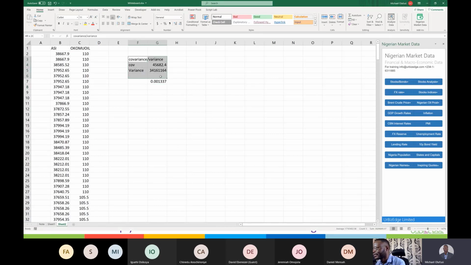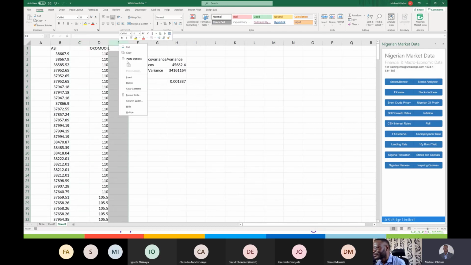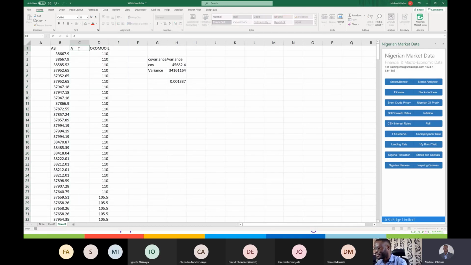Apologies. I forgot to do the returns. It's the returns that we are doing for ASI return, Okomu return. So today's return is equal to today's price divided by, if you know, return is today's gain.